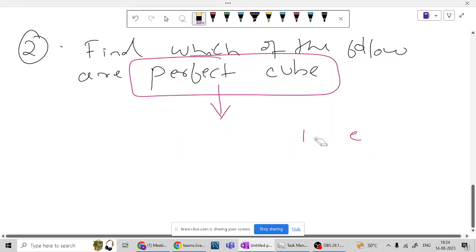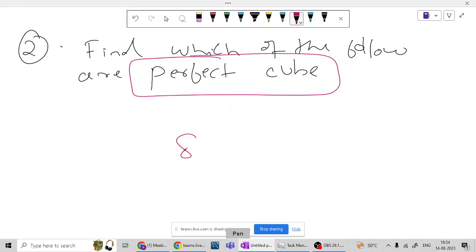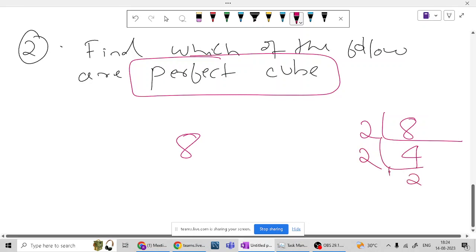Okay, perfect cube. Now look at 8. Even for this, we use the factorizing method, prime factorization. How do you factorize using prime numbers? 2 fours are 8, 2 twos are 4, 2 ones are 2. How many times is 2 present? 2 is present 3 times.